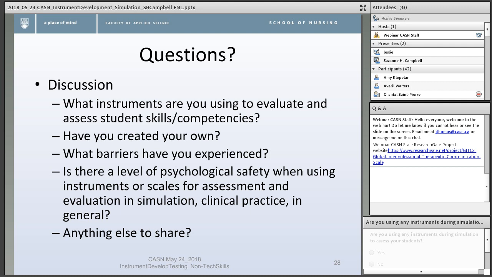Her question is, have you considered using the instrument with students from other healthcare disciplines? That is the goal. And that was the goal with the interprofessional testing of the instrument. We had folks not just from nursing, but for all the health professions.